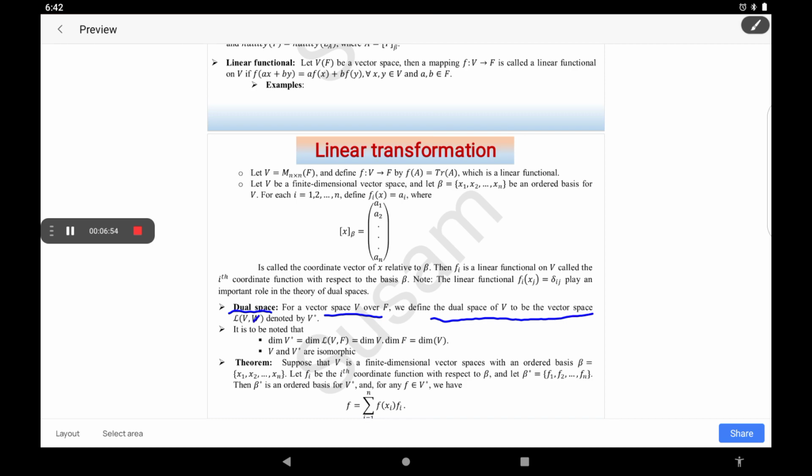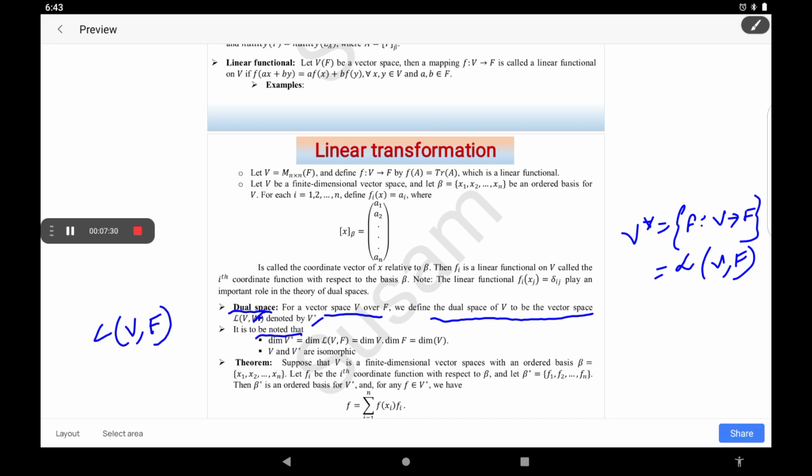This is not W, this must be F. L(V, F), the set of all linear functionals from V to F, is denoted by V star. This is called the dual space of V.